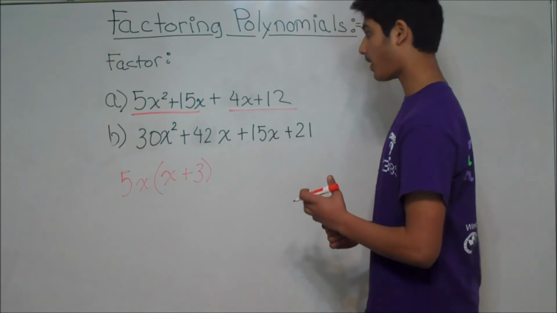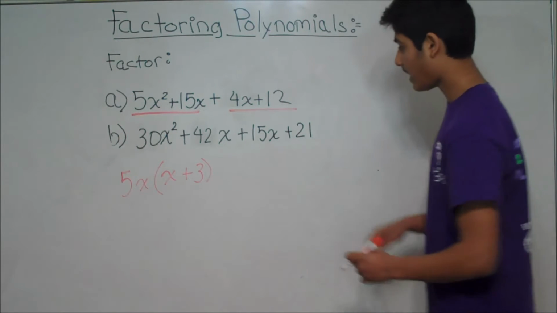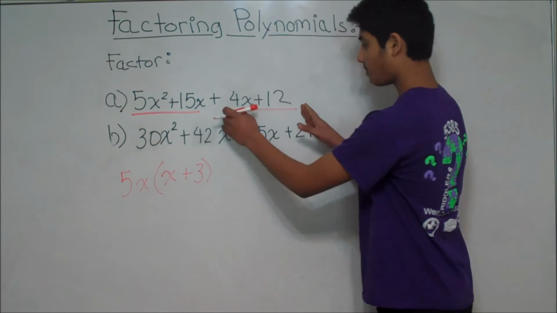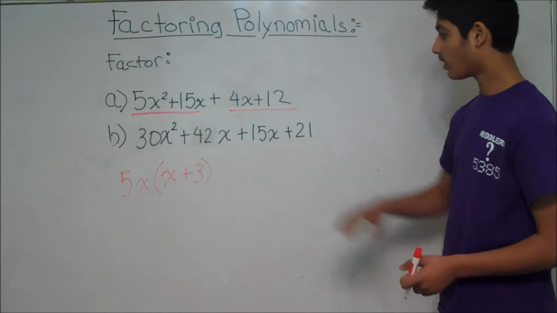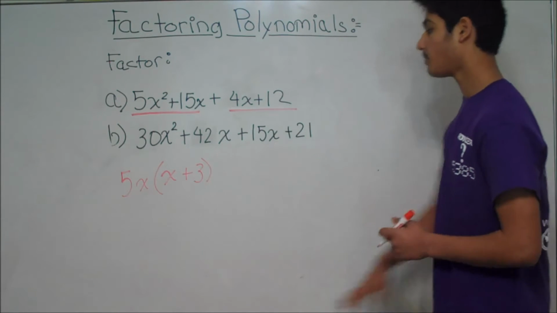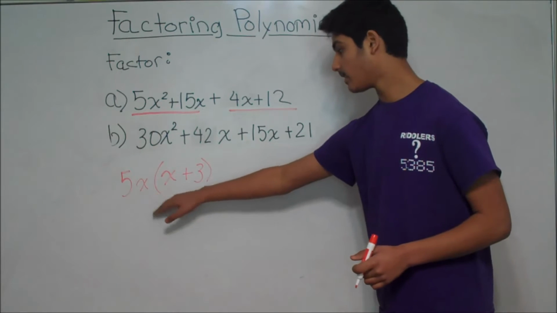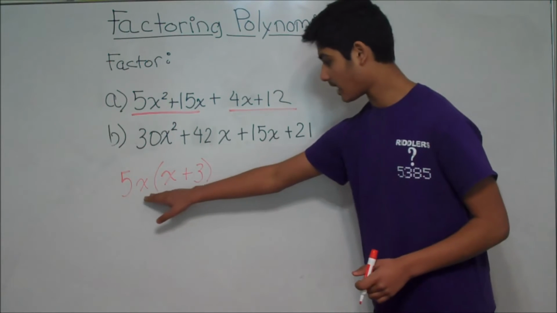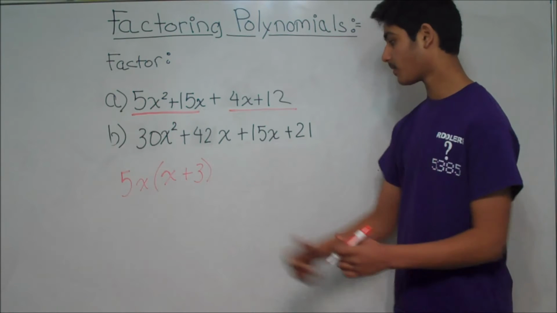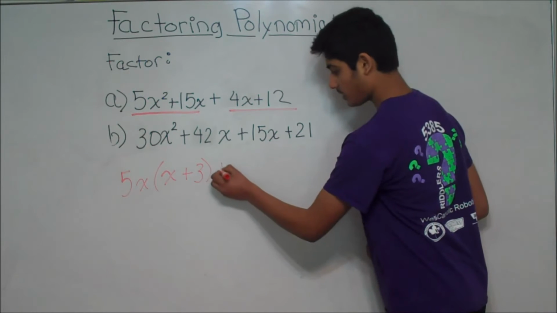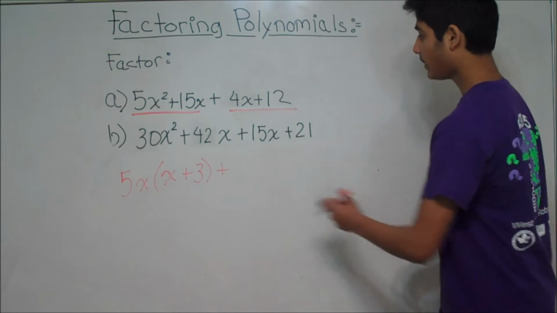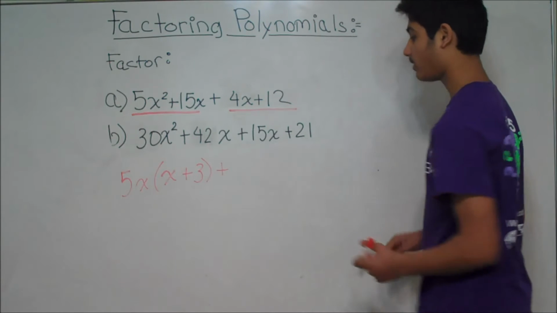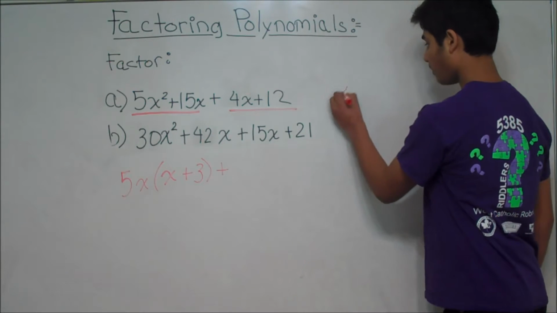Now the next part is that we have to factor the last two terms in such a way that we get the same thing inside the parentheses, x plus 3. So, plus, now we do 4x plus 12 divided by x plus 3.